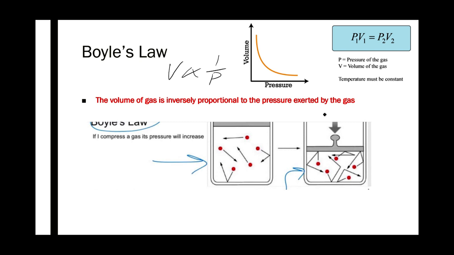So that's stated here in red. This is really good to keep in mind when thinking about breathing mechanics. This is cut off here, but if you compress a gas, you make the volume smaller, then that will increase the pressure.